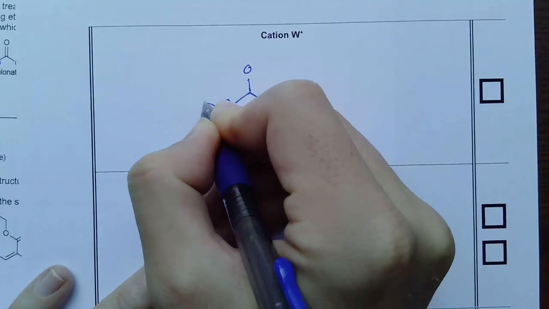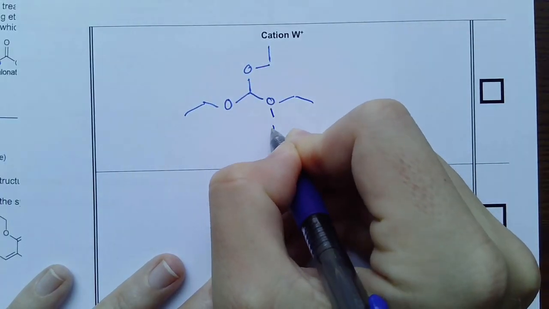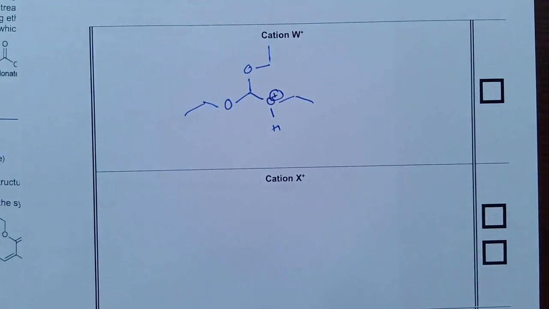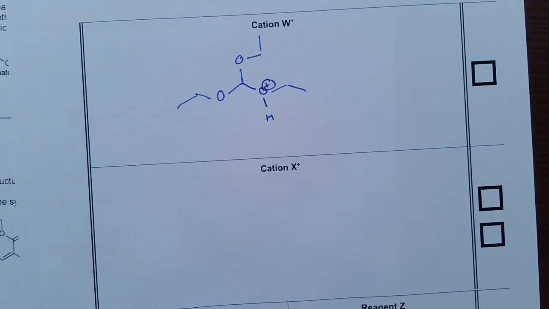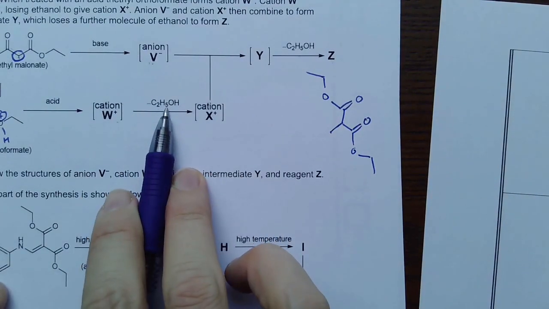And then I've got ethyl groups coming off each of these. And it doesn't matter which one you do, like I said. So I get that. Okay. So that's fine. Then I lose the alcohol.